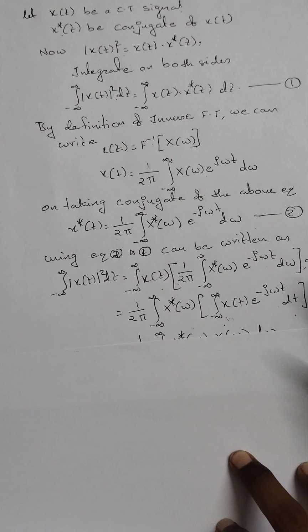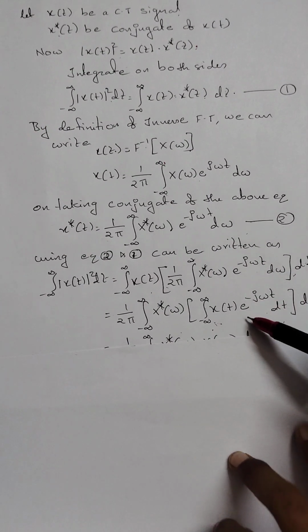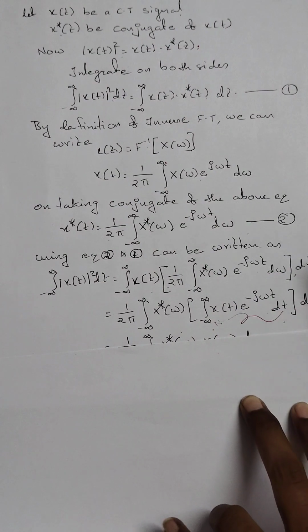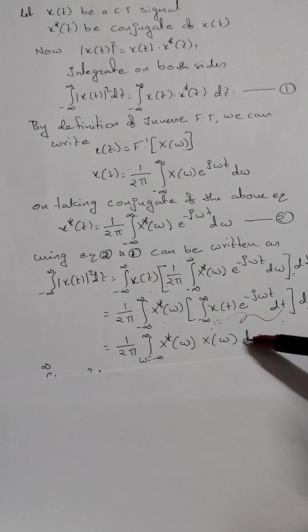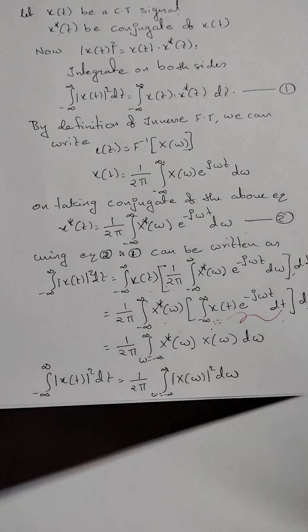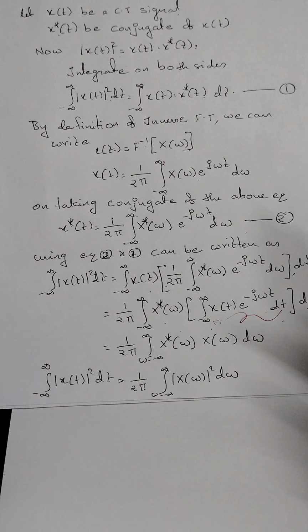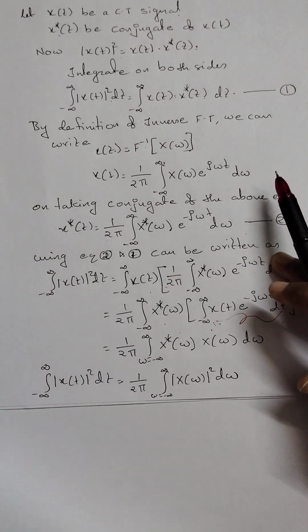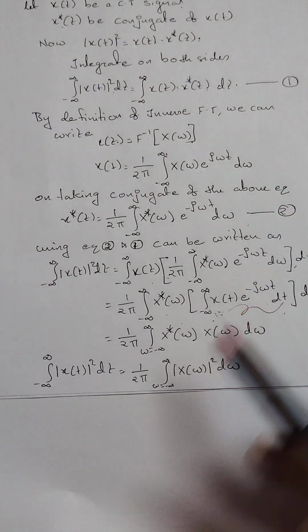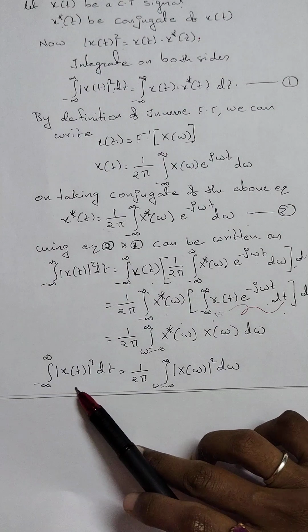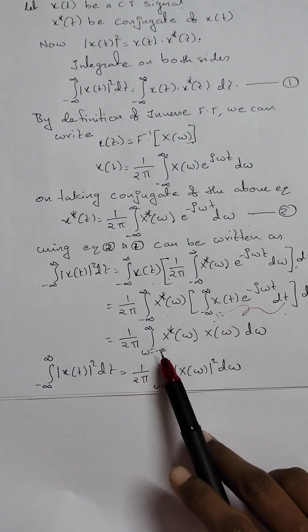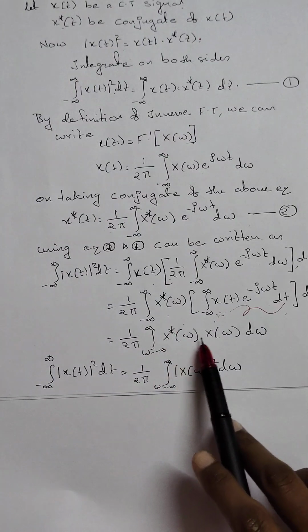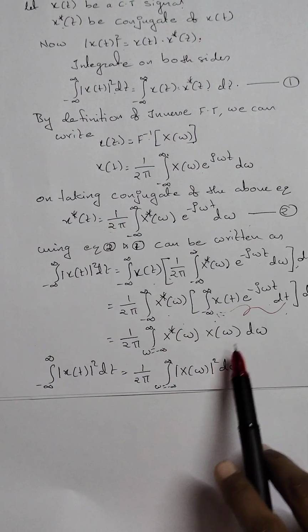Now it is in the form of the Fourier transform, right? So this is a Fourier transform, that is X*(ω) times X(ω) dω. Now this can be written as the integration from minus infinity to infinity of |x(t)|² dt is equal to 1/2π times X*(ω) X(ω) dω.